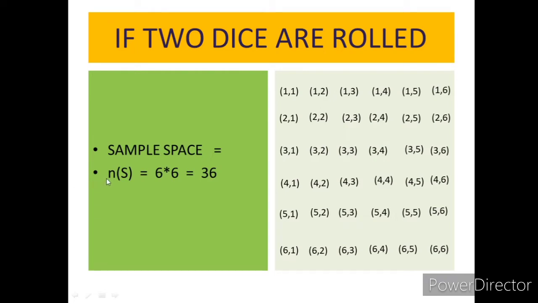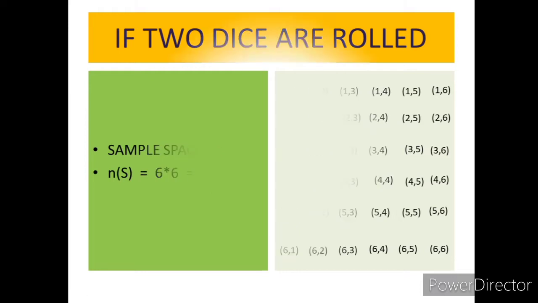Thereafter you write down n(S) equals 6 into 6, 36. If you roll 3 dice at a time, n(S) becomes 6 into 6 into 6, that is 6 to the power of n. Here we rolled 2 dice, that's why n(S) is equal to 6 squared, that is 36.